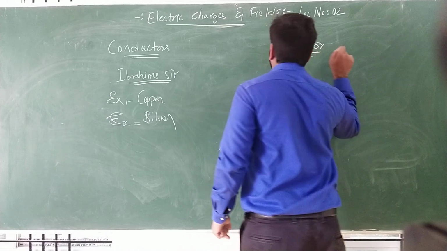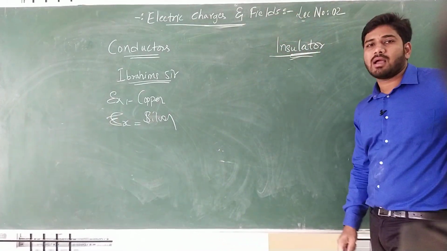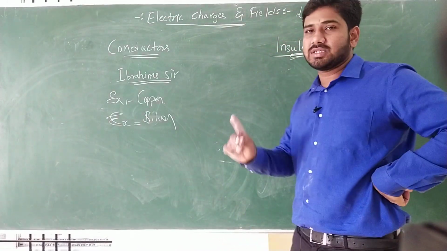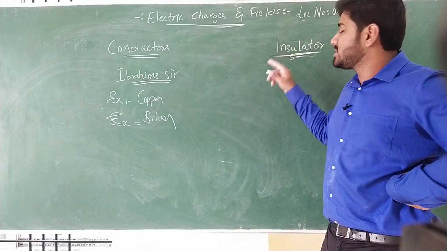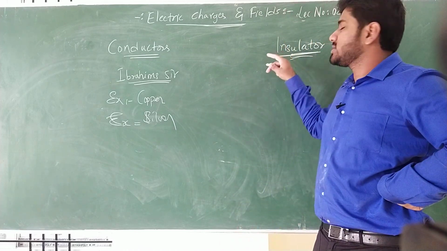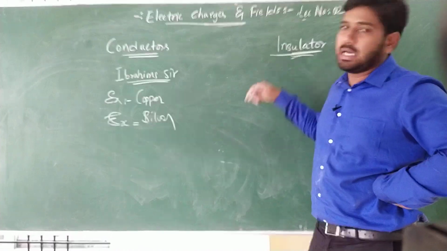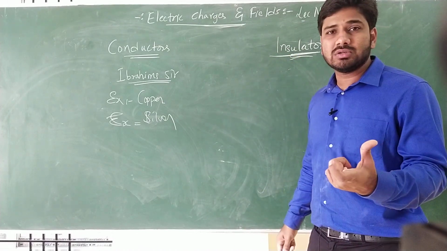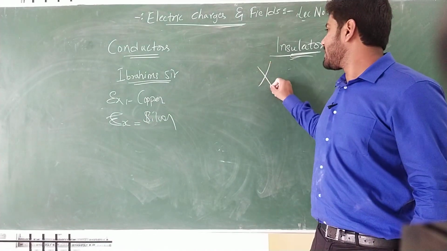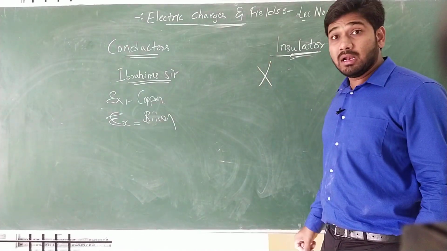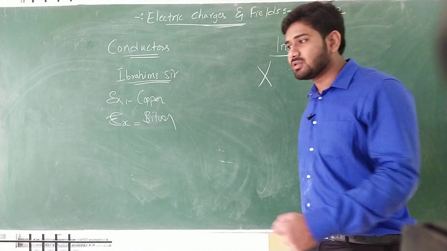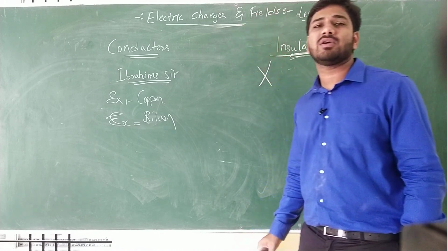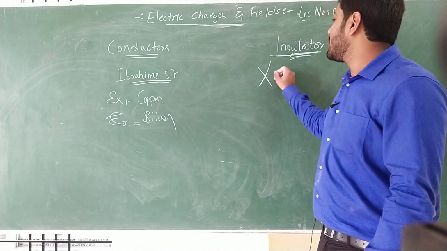What is an insulator? It does not allow. Don't come in front of me, don't come to me. Insulators will not allow charges. You charges go towards the insulator, but the insulator will not take them.